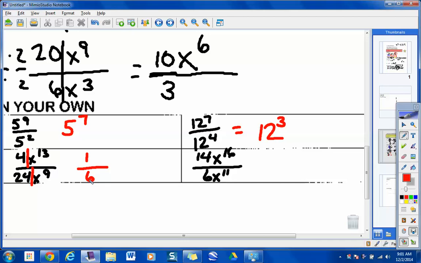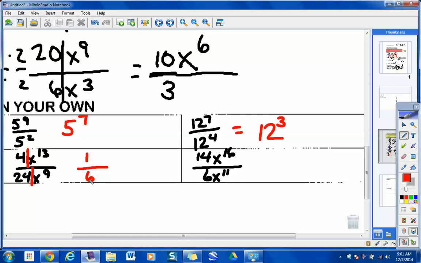How about the 13 minus 9 part for my bases then? X to the 13th and x to the 9th. How do I write that as a new power of x? x to the 4th. Okay, is that x to the 4th going up top or in the bottom? Top, because 13 wins out over what?